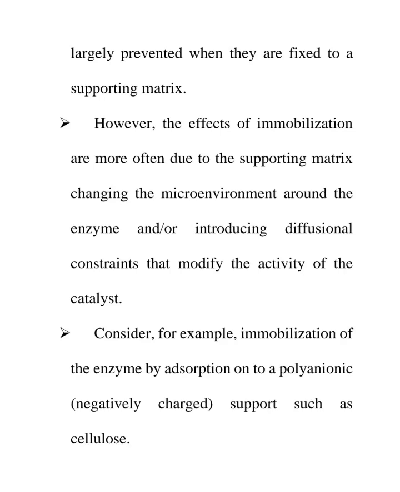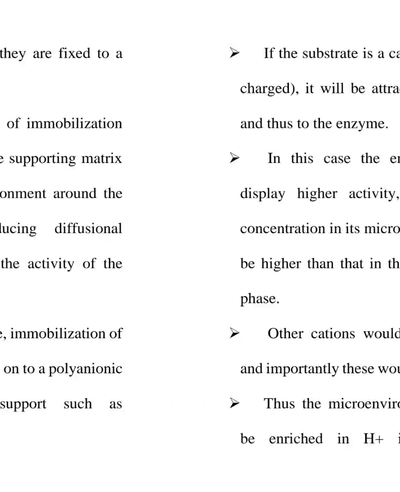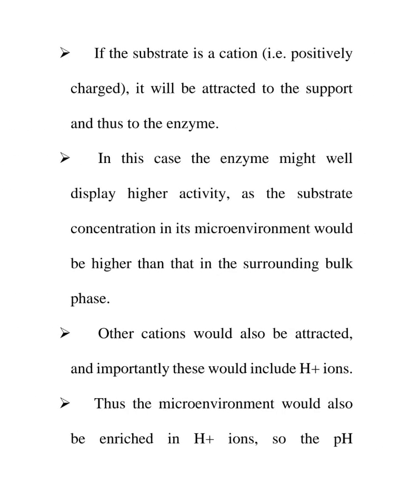Consider, for example, immobilization of the enzyme by adsorption onto a polyanionic, negatively charged support such as cellulose. If the substrate is a cation, that is positively charged, it will be attracted to the support and thus to the enzyme. In this case, the enzyme might well display higher activity as the substrate concentration in its microenvironment would be higher than that in the surrounding bulk phase.